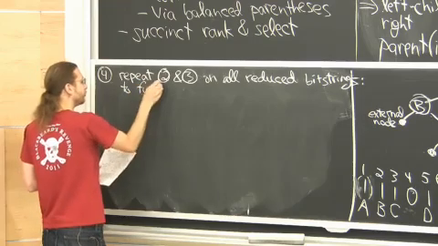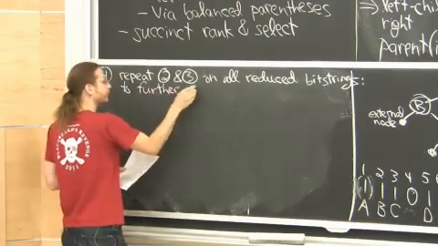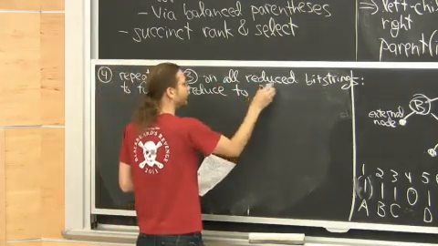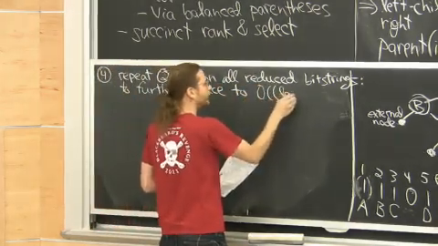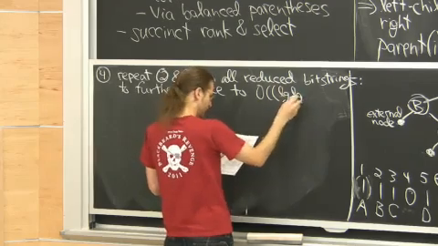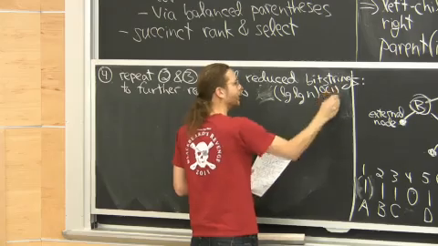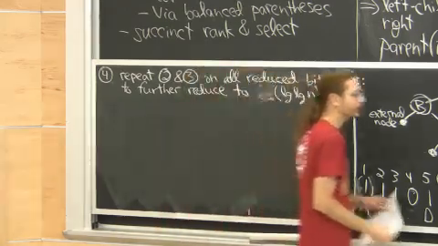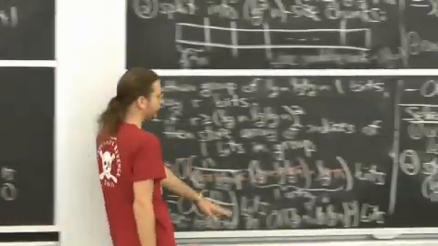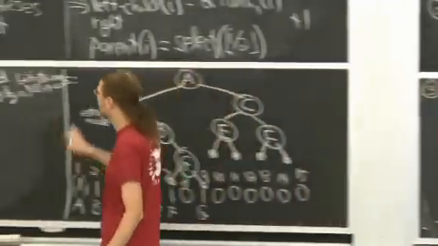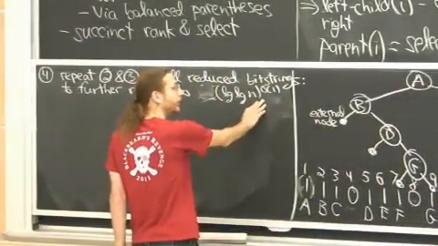My goal is to further reduce to polylog n. Right? I took n-bit strings and I got down to polylog bits. I do it again, I should get down to polylog bits, and indeed I can. And this is plenty small.